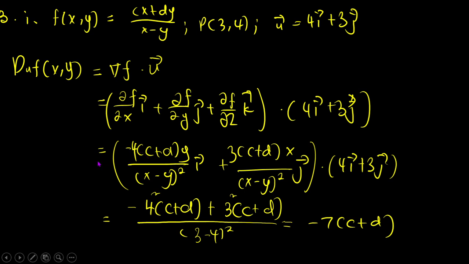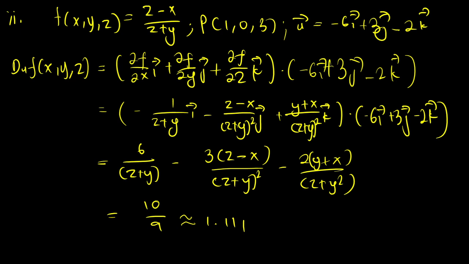We find the partial of this with respect to x and y, and we get this. Then we dot it with vector u, and we get this one. If we simplify it, finally we get negative c bracket c plus d. Don't forget to substitute it here also.